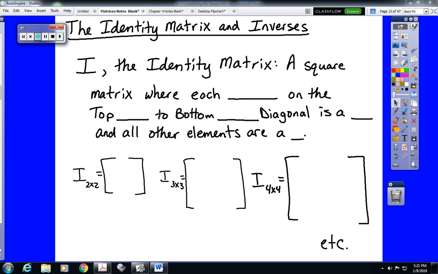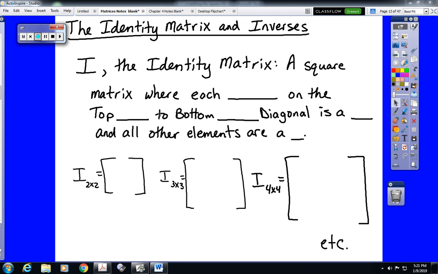It's called the additive identity because if you take a number like 3 and you add the identity, 0, 3 plus 0 is still 3. So an identity is something that does not change value.